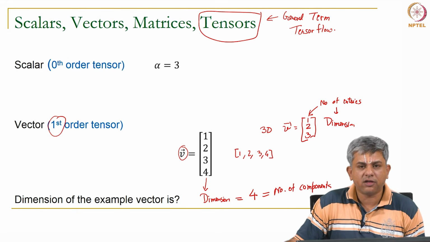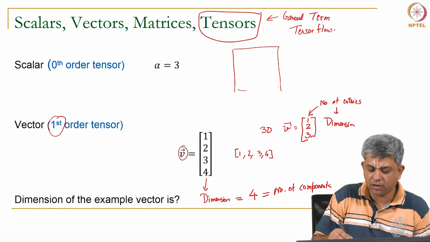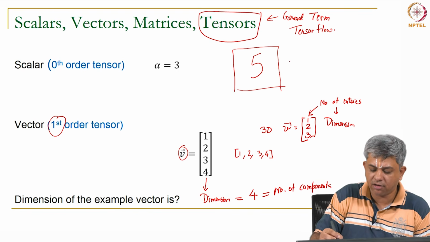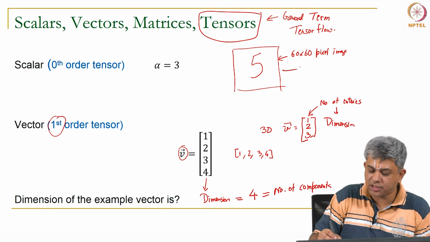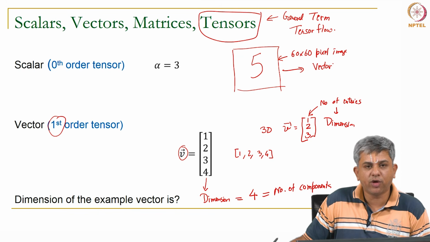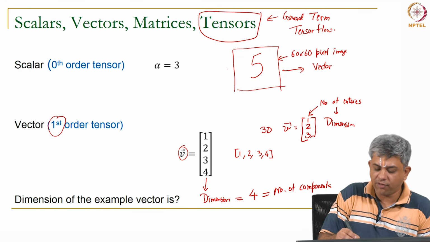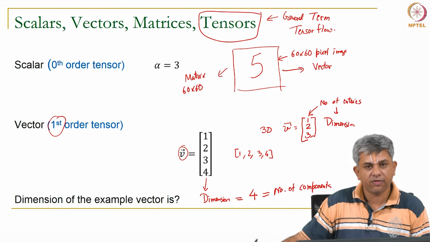Now, if we go back and think about our image example, remember this example that we just had, let us say this was a 60 cross 60 pixel image, and if I turn this into a vector, the way I would do it is, first I will turn it into a matrix. The matrix will be a 60 cross 60 matrix.